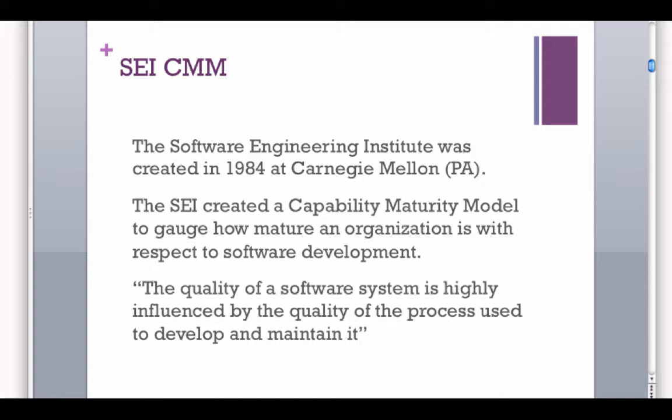And the SEI made this claim that the quality of the software system is highly influenced by the quality of the process used to develop and maintain it. Or in other words, the quality of how a project is managed will have a direct correlation on the actual quality of the software itself. And that may not be intuitive.